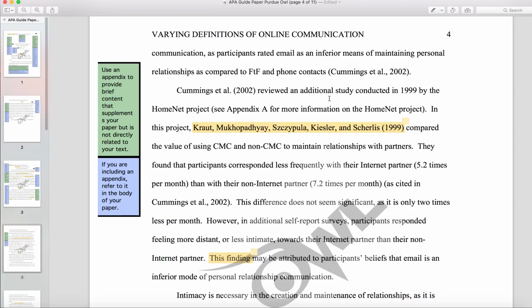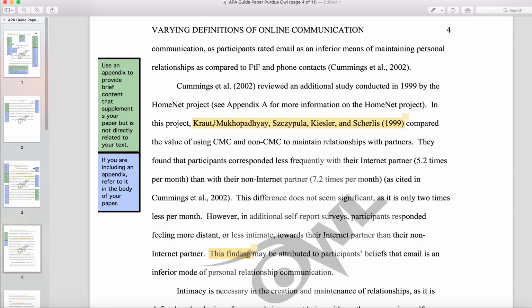So this first sentence will have it cited like it is right here, in this manner instead of using it at the end. And then you can have several more sentences that talk about how, and then once it changes to another person, because you can see that's kind of what they did.